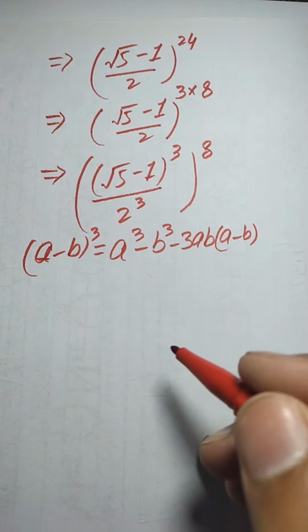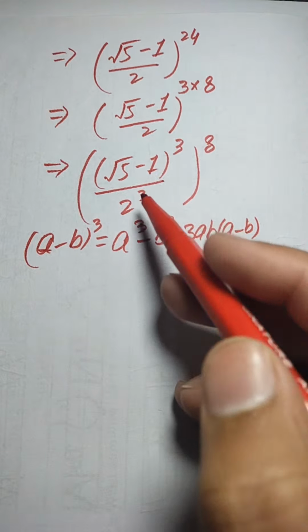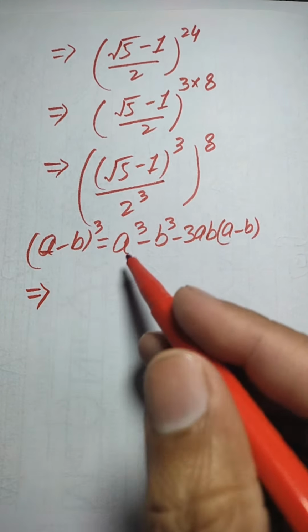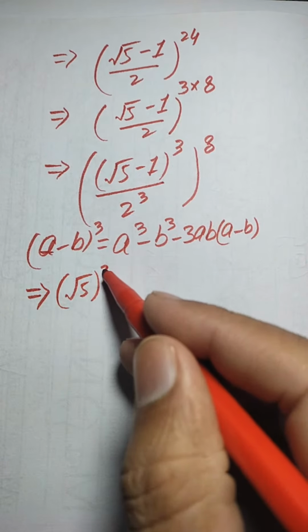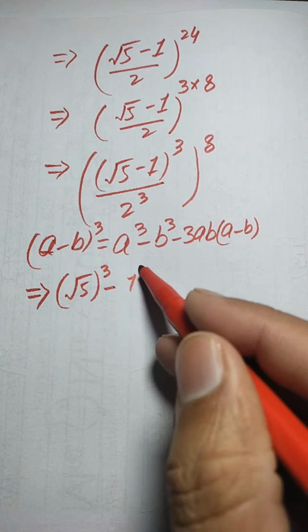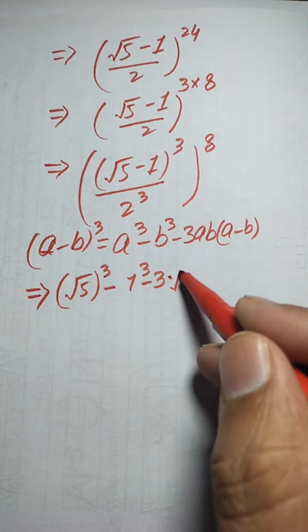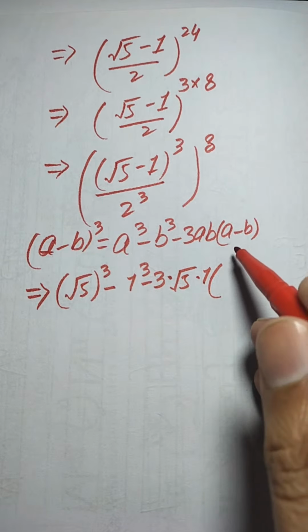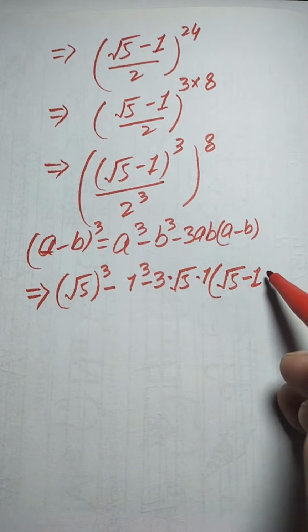So according to this formula, we write our numerator as square root of 5 cubed minus 1 cubed minus 3 times, where a is square root of 5 and b is 1, into (square root of 5 minus 1).